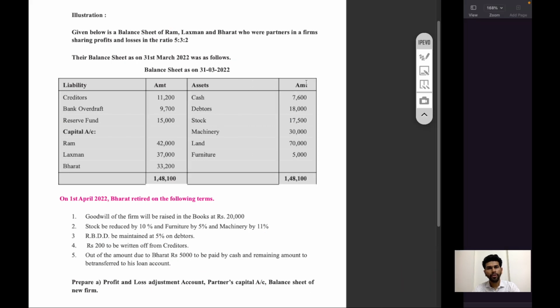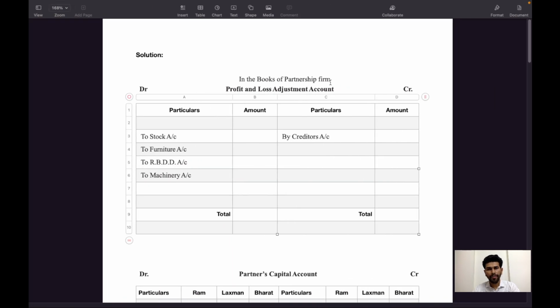So in the books of the partnership firm, profit and loss adjustment account, debit side and credit side. On the debit side, we will record all types of expenses and losses, reduction in value of assets, and increase in value of liabilities.